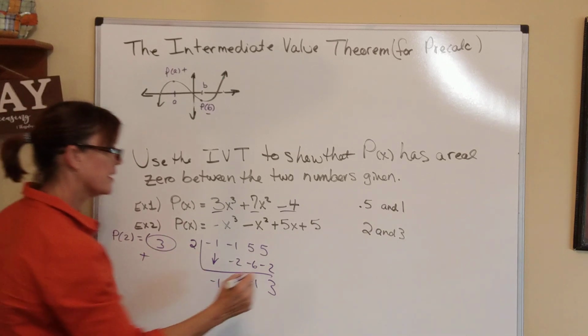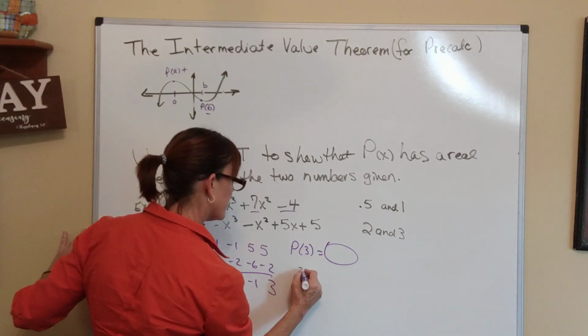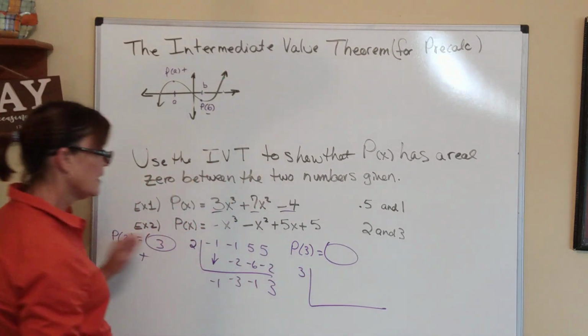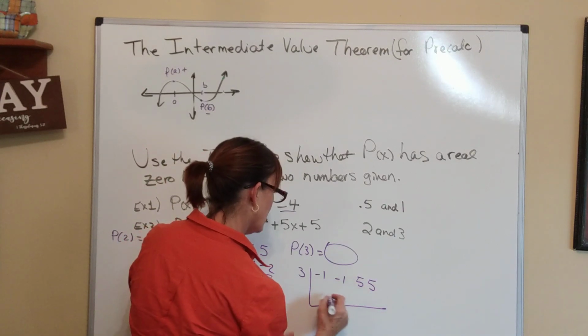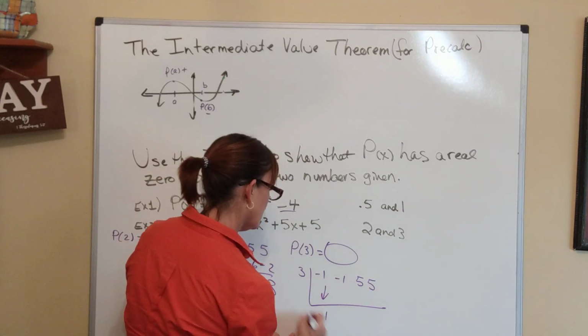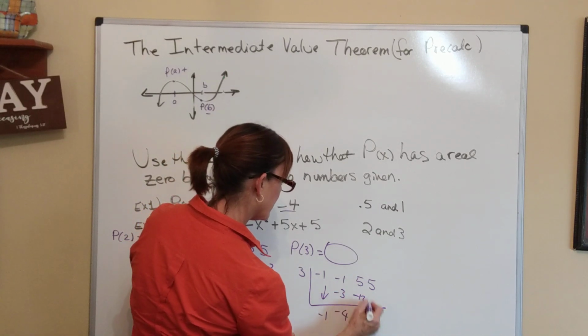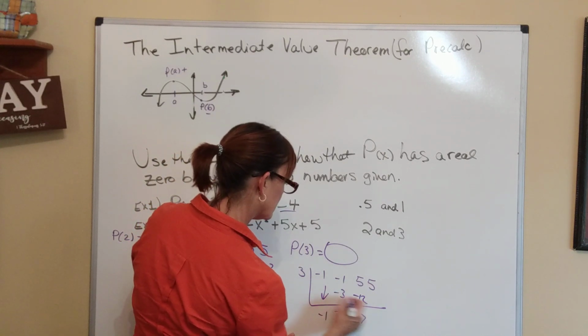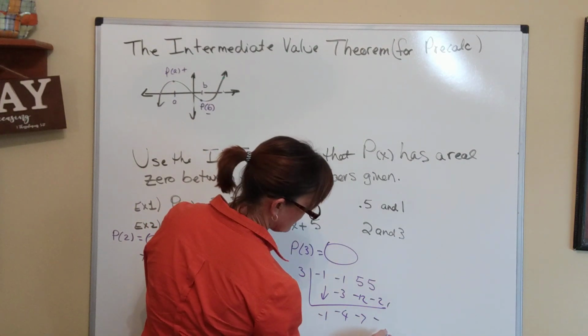All right, let's try 3. P of 3 is going to equal the remainder that I get when I run 3 through synthetic division. -1, -1, 5, and 5. Bring it down, -1. Multiply up, -3. Add, multiply, add, multiply, add, -16.